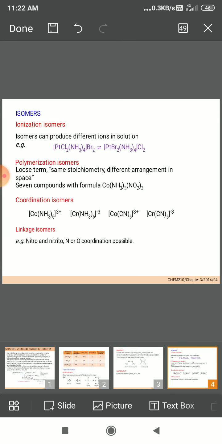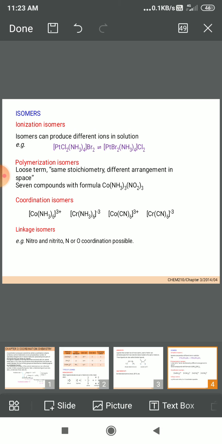Then isomers. First of all, isomers mean the same molecular formula but different structural arrangement. Isomers can produce different ions in solution. For example, [PtCl2(NH3)4]Br2 gives [PtBr2(NH3)4]Cl2.